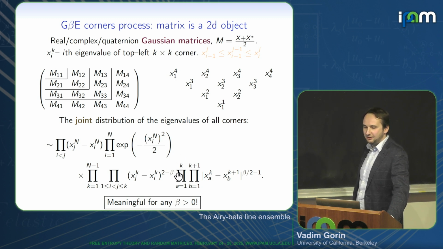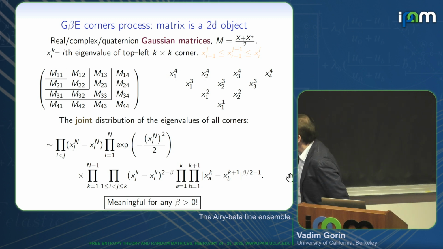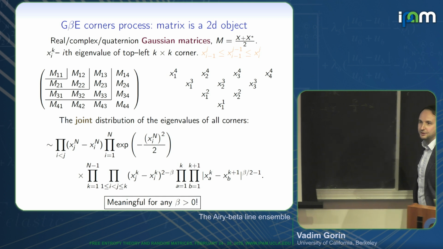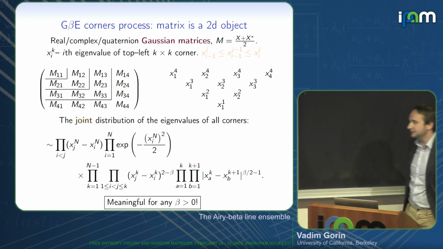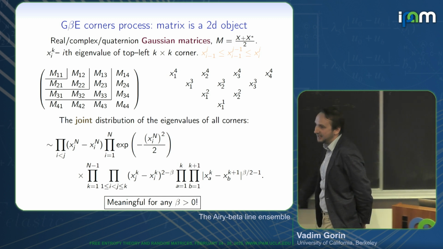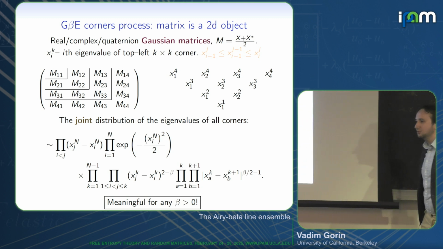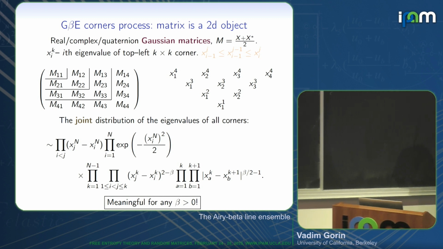And in addition, eigenvalues on adjacent rows will also interact by these (xa minus xb), where xa belongs to level k and xb belongs to level k plus 1, and this distance will be raised to the power beta over 2 minus 1. So, a nice computation, which you do again for beta equals 1, 2, and 4, for real matrices, for complex matrices, for quaternionic matrices, and you note that you get exactly the same formula, modulo beta changing to be 1, 2, 4.